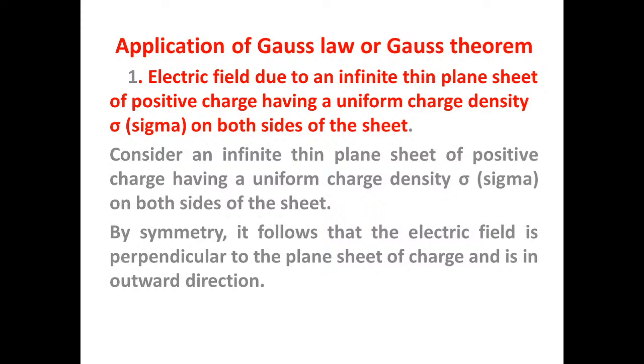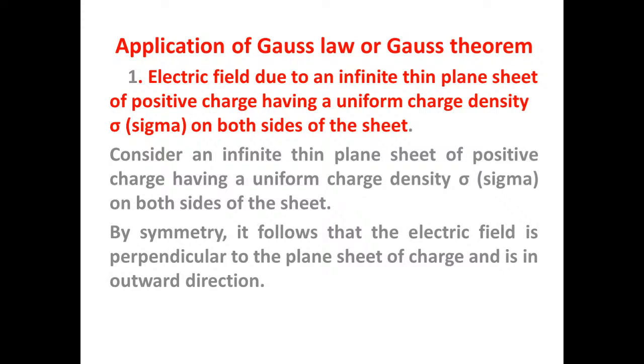So today's topic is application of Gauss law and Gauss theorem. Gauss theorem, which we had proved, I told you, states that the surface integral over a closed surface of the dot product of electric field intensity and area is equal to 1 upon epsilon naught times the charge enclosed.